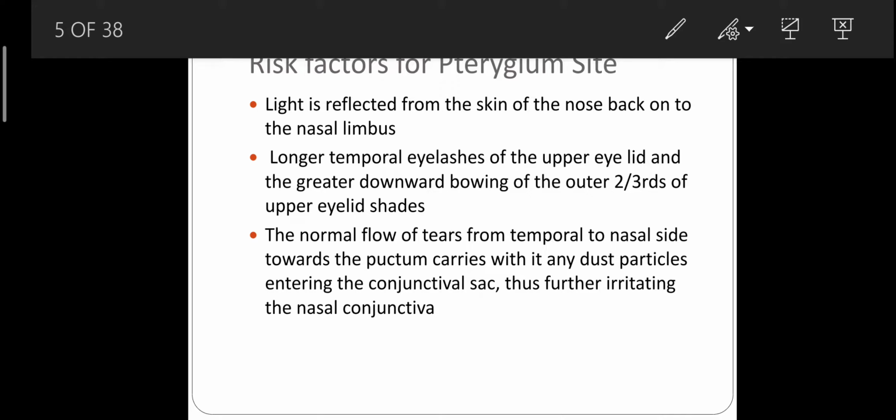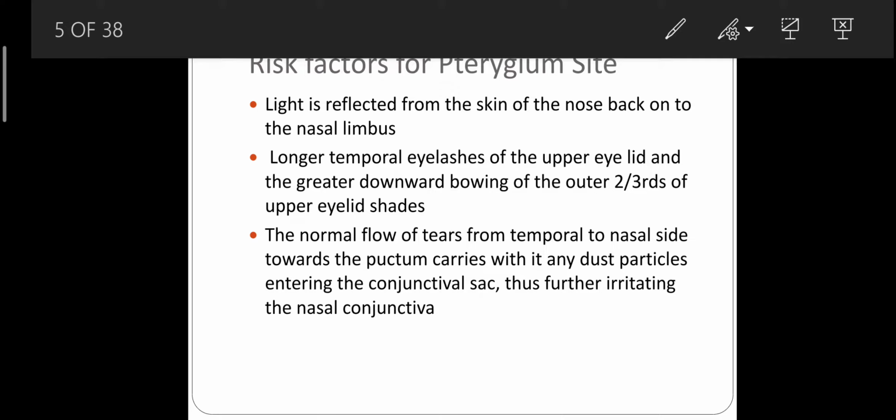As you know, the tears are secreted from the lacrimal gland, and they flow from the temporal side to the nasal side and are drained through the punctum to the nasolacrimal duct. So there will be a lacrimal pool on the nasal conjunctiva, which carries all the dust particles, thus causing further irritation more to the nasal conjunctiva when compared to the temporal conjunctiva.